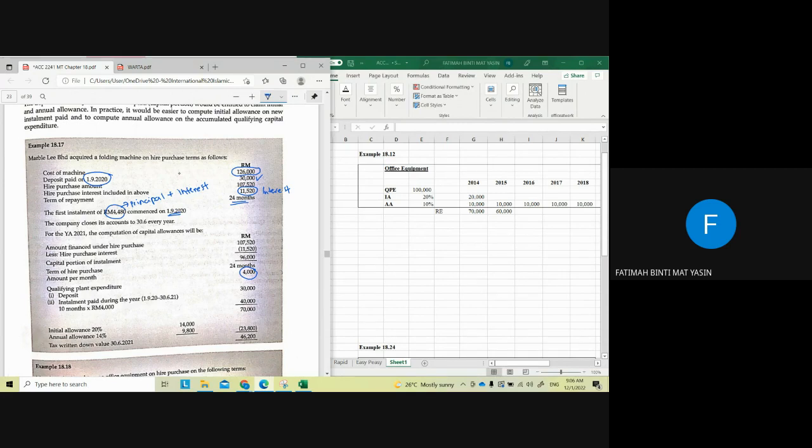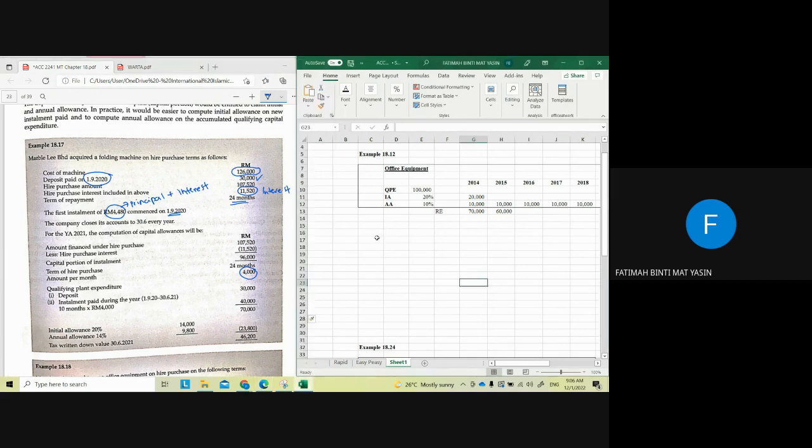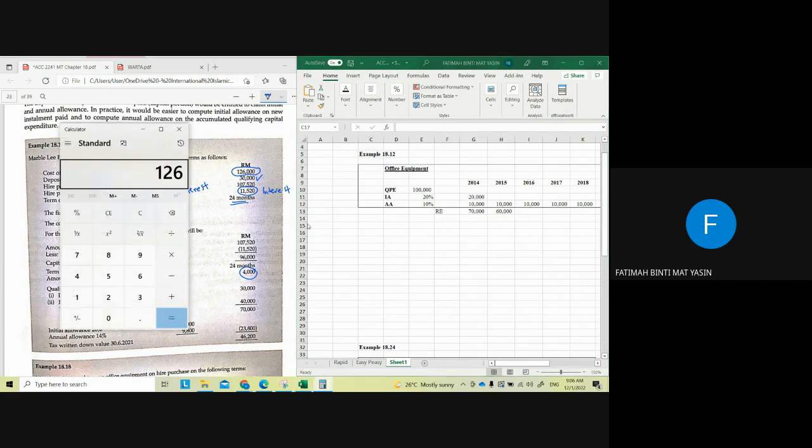How you can calculate that is 126,000, you minus the deposit paid, you divide by 24. I think that is easier. Using the calculator, 126,000, which is the cost, minus 30,000, then the amount is 96,000.